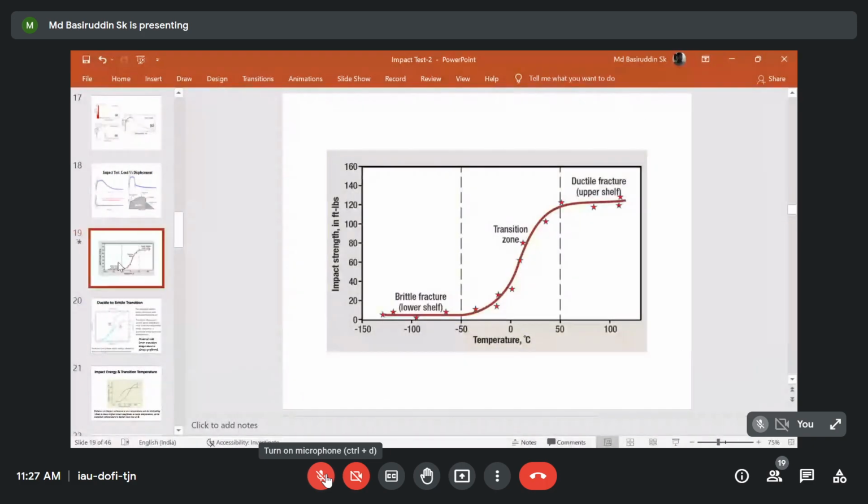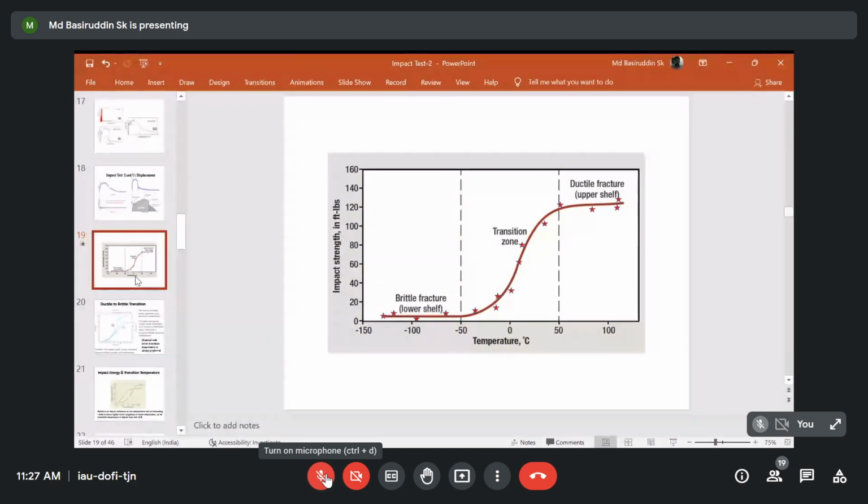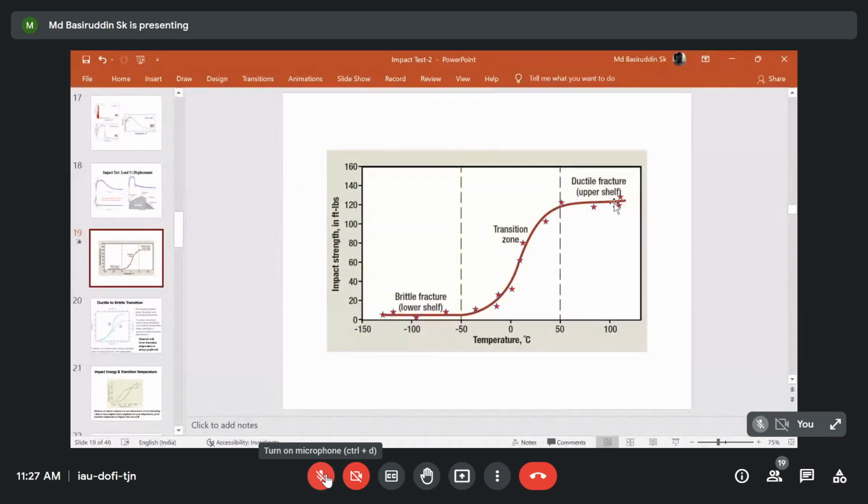So I need to show this particular plot where the stars are the scattered data. It means you need to do multiple tests, like 15 to 20 tests, in order to obtain the continuous curve.